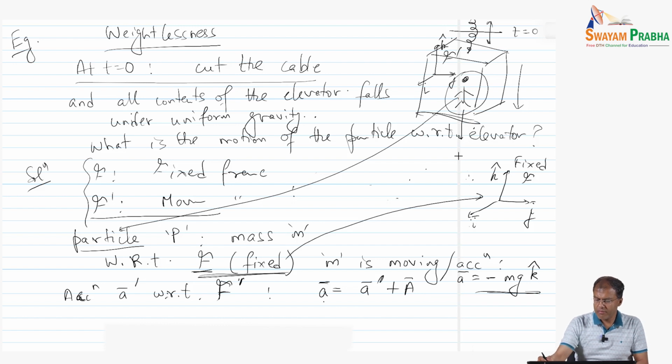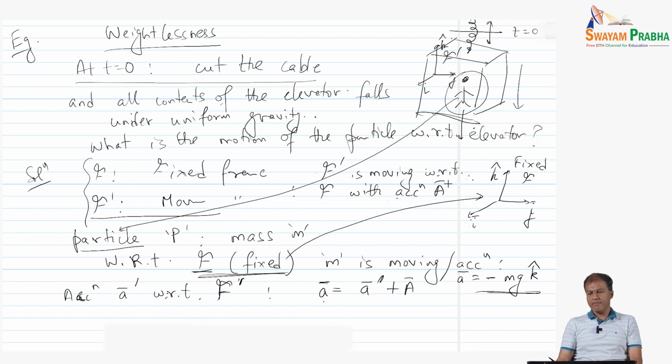So if F prime is moving with respect to F with acceleration capital A, that is, the elevator is falling with respect to the fixed frame, then the acceleration of the object in the fixed frame is equal to the moving acceleration plus the acceleration of the frame.